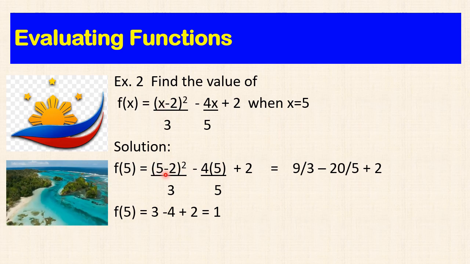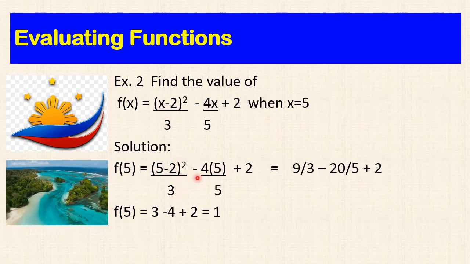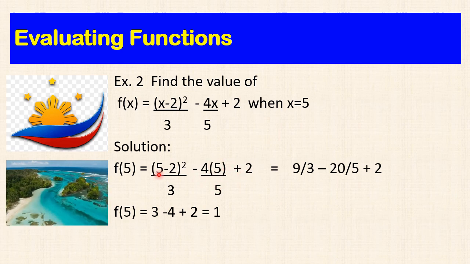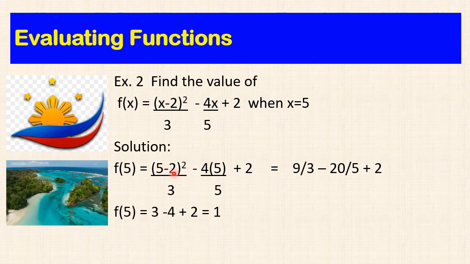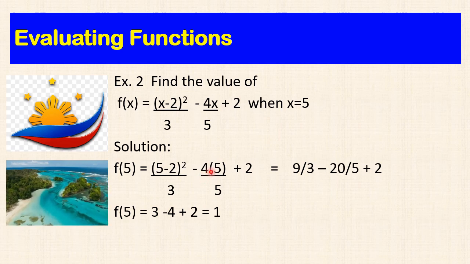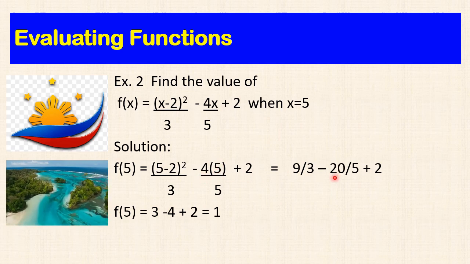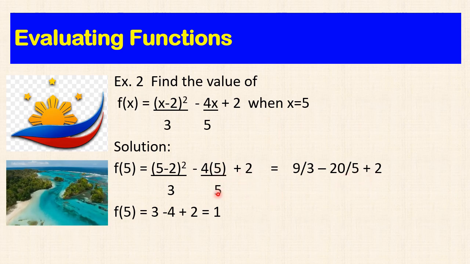So we have 5 minus 2 quantity squared over 3 minus 4 times the quantity 5 over 5 plus 2. 5 minus 2 will give us 3, and then squared will give us 9 over 3. And then negative 4 times 5, that will be 20 over 5. So that is the second term, and the last term is positive 2. So simplifying further, we have 3 minus 4 plus 2. So this will be 3 plus 2, 5 minus 4, we have positive 1 as our answer.